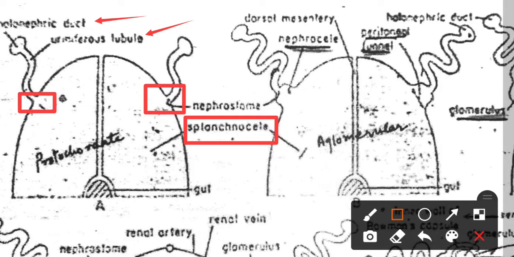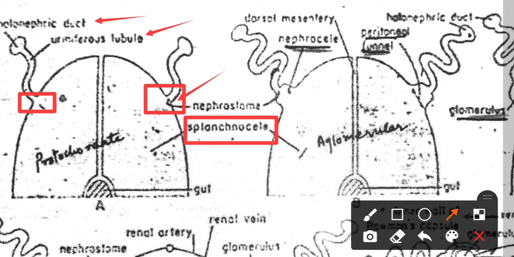Here there is a direct relationship of the renal tubules with the coelom, and it is with the nephrostome. So here we have the nephrostome. This stage is considered to be the aglomerular stage, so there are no glomeruli formed in any case. Here the uriniferous tubules drain directly into the nephrocoele.